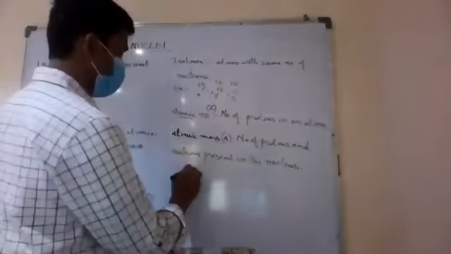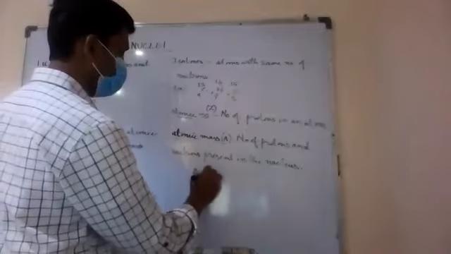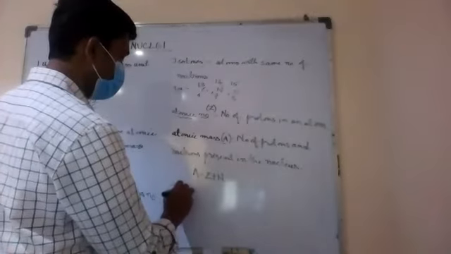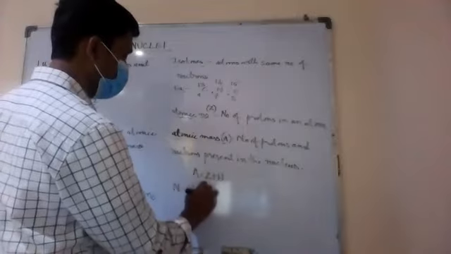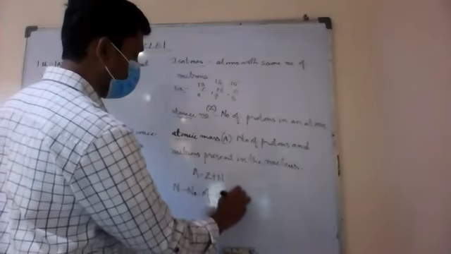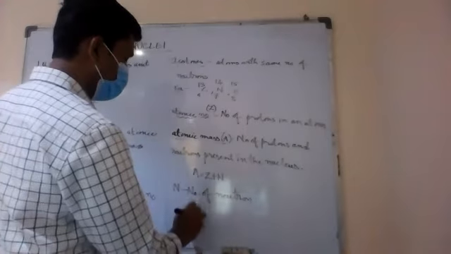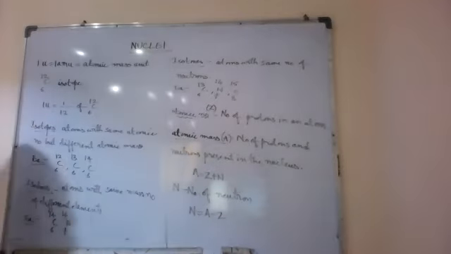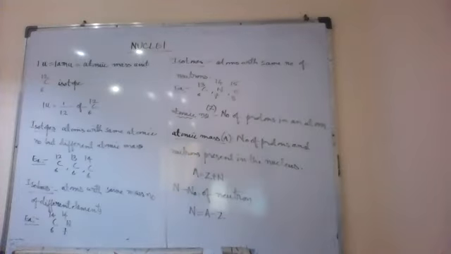So A is equal to what? A equals Z plus N. What is capital N? Capital N is the number of neutrons. If you want to calculate the number of neutrons, N is equal to A minus Z.